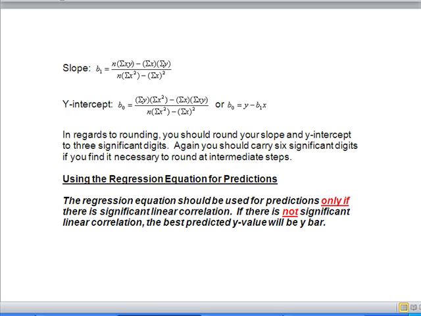Now, in regards to rounding, you should round your slope and your y-intercept to 3 significant digits, if that's all they're asking for. On MyMathLab or MyStatLab, what you want to give is whatever number of digits they ask for. Now, if you're using the equation of the regression line to make a prediction, you need to carry at least 6 significant digits on both your slope and your y-intercept.